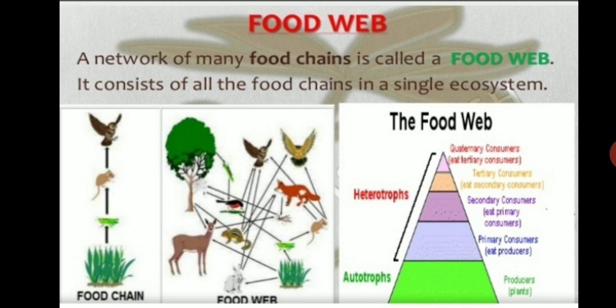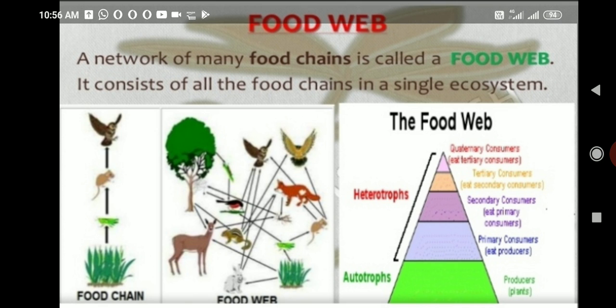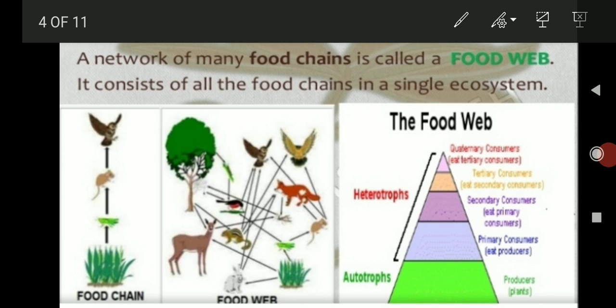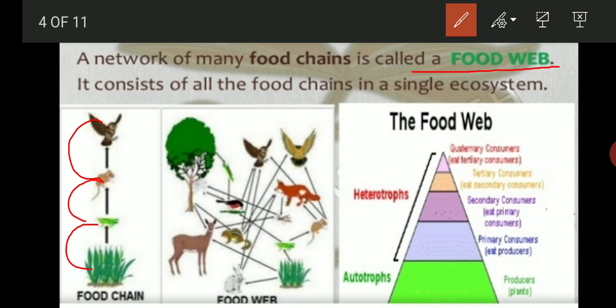So a network of many food chains is called a food web. This is called a food web. It consists of all the food chains in a single ecosystem. For example, grasses are eaten by grasshopper, grasshopper is eaten by snake, snake is eaten by eagle.